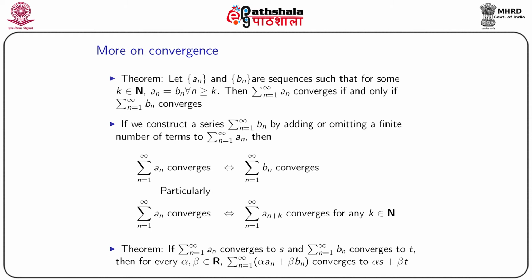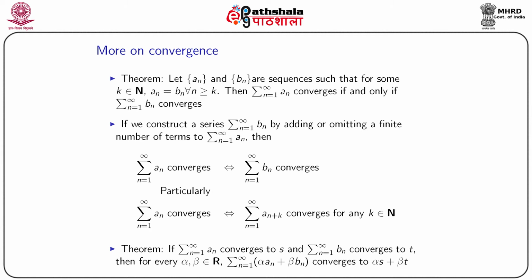Particularly, sum over n from 1 to infinity of an converges if and only if sum over n from 1 to infinity of a(n plus k) also converges for any k belonging to N. So even if we are omitting a finite number of terms, the convergence will not be affected.